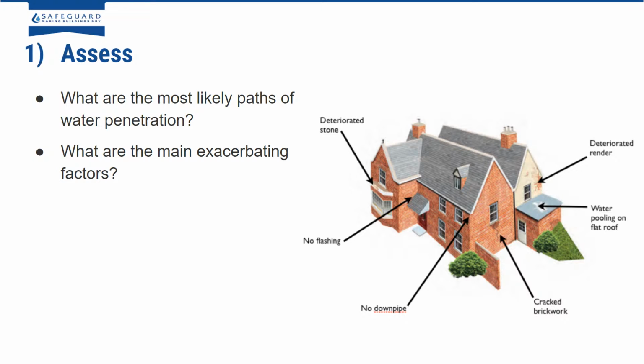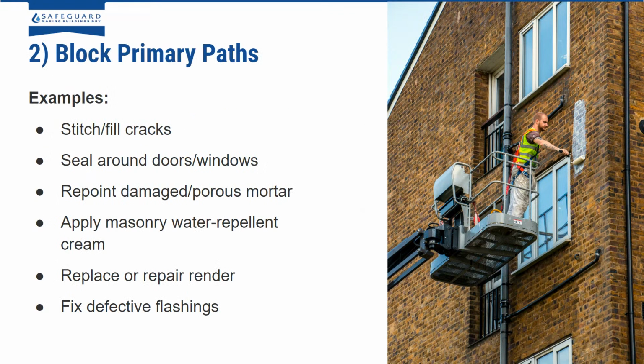So like I said, assess the property, do your surveying of where the moisture is getting in, and block any primary paths of moisture, so fixing any cracks and seals, repointing, applying a masonry water repellent cream, and fixing any render, paintwork and flashings.